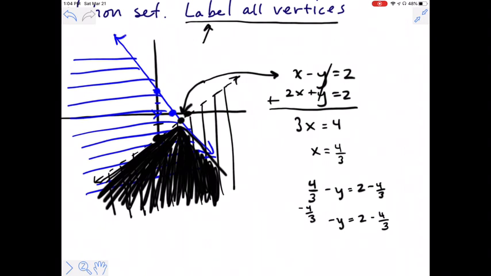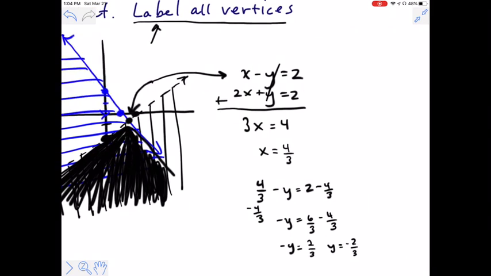Now subtract 2 minus 4/3. 2 is the same as 6/3. Now we can subtract since there's a common denominator, and we get the opposite of y equals 2/3. So y equals negative 2/3. So that vertex right there, the intersection of those two graphs, is the point (4/3, -2/3).